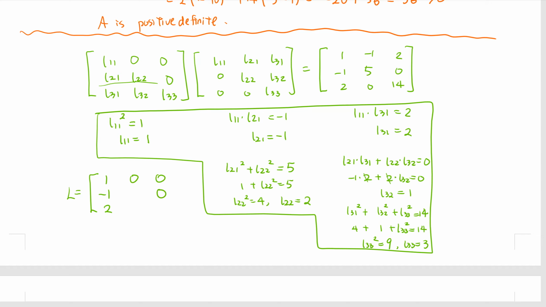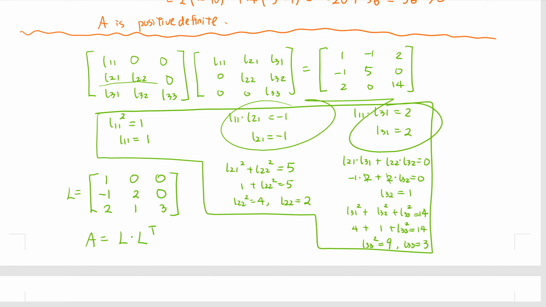L22 is here. L32 is 1. L33 is 3. So A equals L times L transpose. So far, so good, everybody. Because we already calculated these entries, we keep it this way.